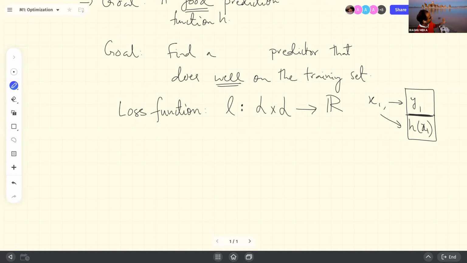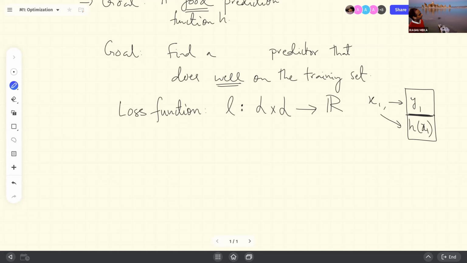So it's a function which takes two predictions and tells me how close or far they are. Typically you should think of it as telling how far they are. So if L is 0, that means it's good for us. My prediction is close to the truth, and so on. Okay?